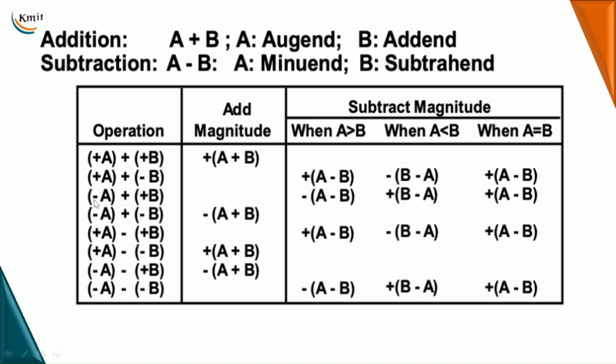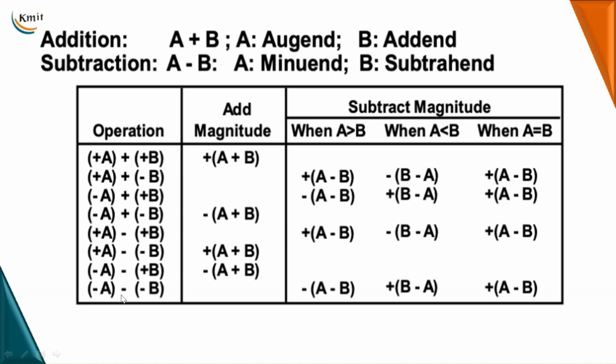In the third case, A is a negative value and B is a positive value. In the fourth case, A is a negative value and B is a negative value. So there are 4 possible combinations for addition operation.